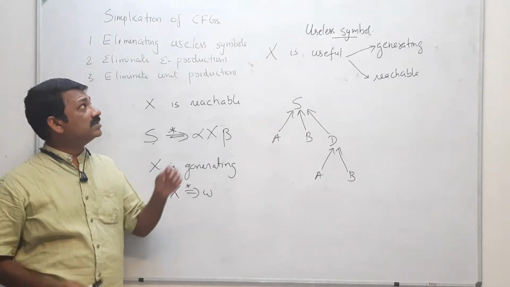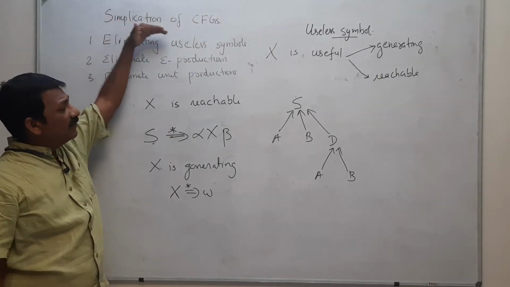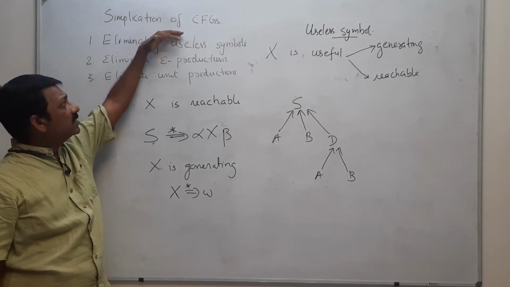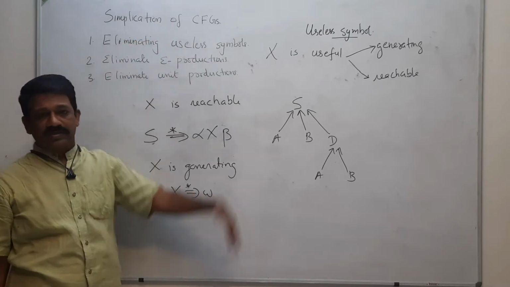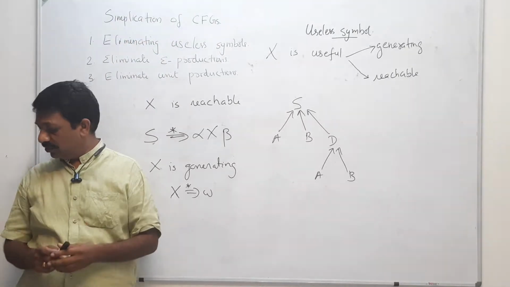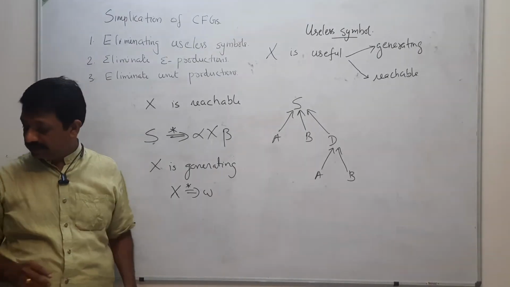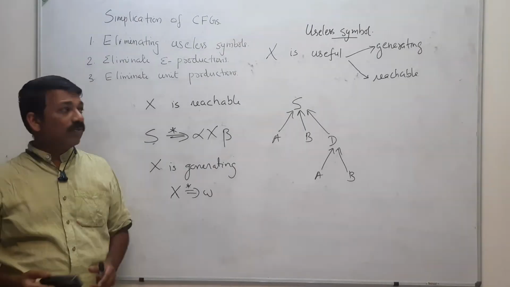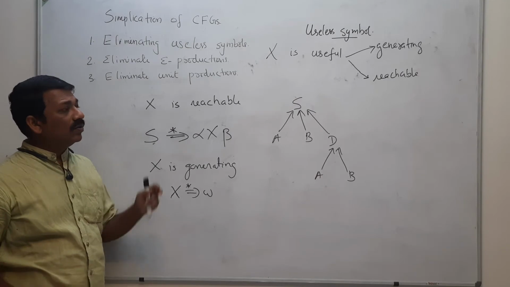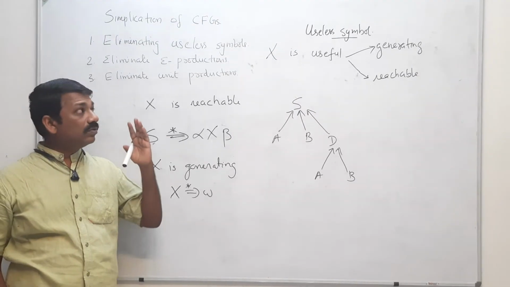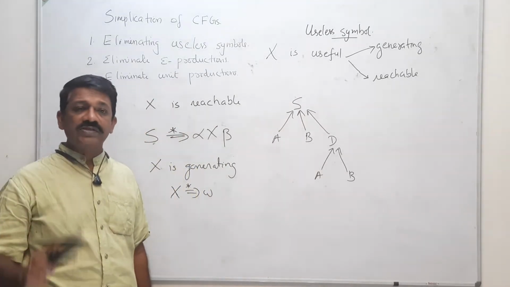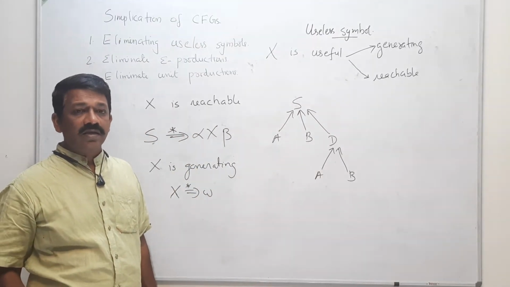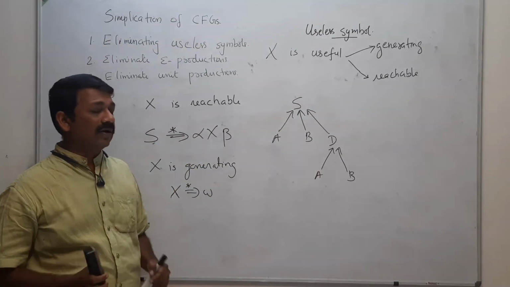Okay, regarding simplification of context-free grammars, initially we are going to eliminate useless symbols. When we are talking about useless symbols, you have to know what is a useful symbol. A useful symbol is both generating and reachable.